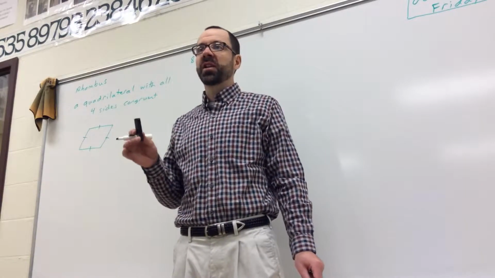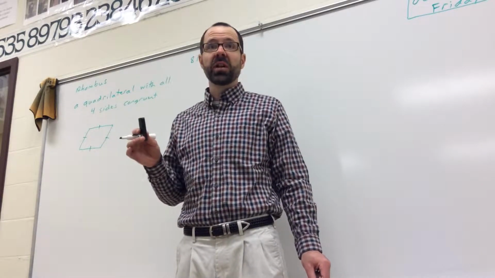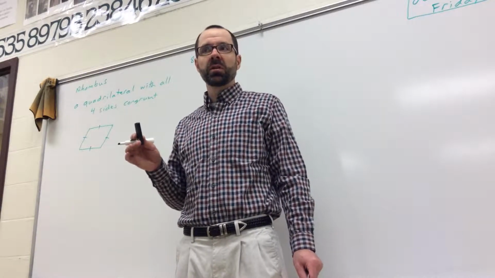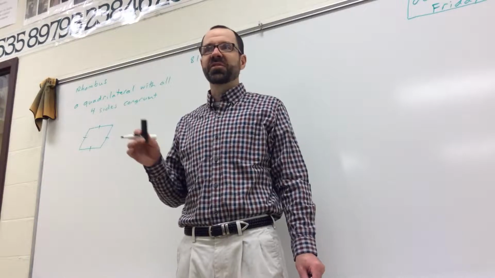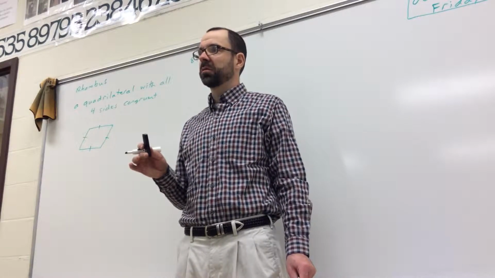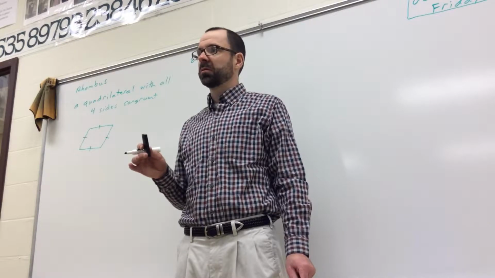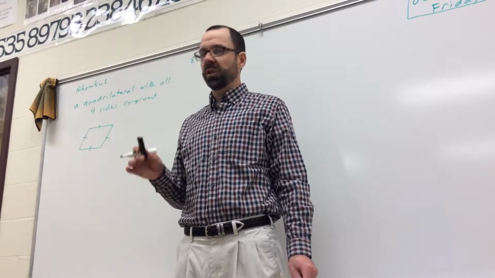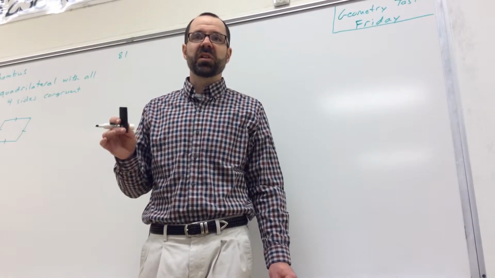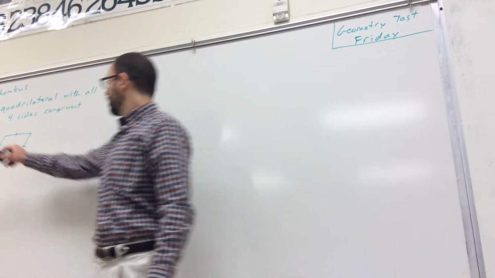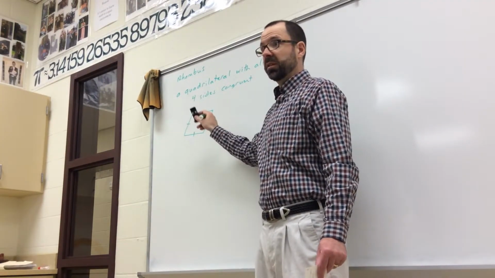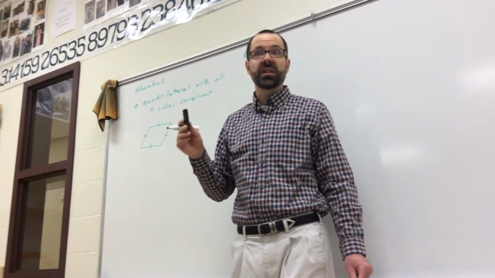And on note card 79, there were four ways to prove that something is a parallelogram. But it's been a while. It was last Thursday. Good. So one way of proving that a four-sided figure is a parallelogram is to measure this side and this side. And if they're congruent, then you have one pair of congruent sides.